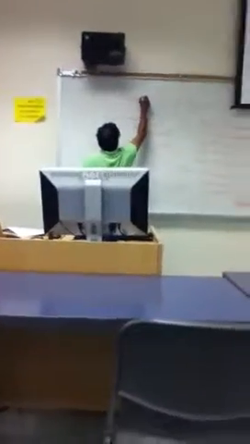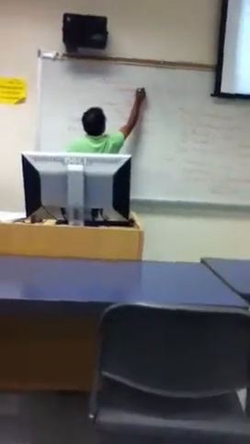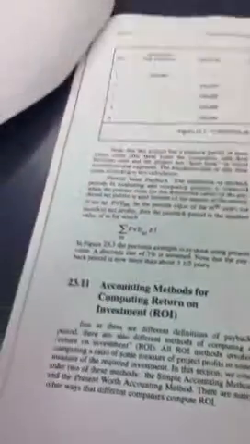There are 3 methods used to find out the return on investment, or in short, ROI, return on investment. So basically, you're going to find what percentage of interest you're going to get back for the total investment you're going to put in. Okay? So there are 3 methods you can use.